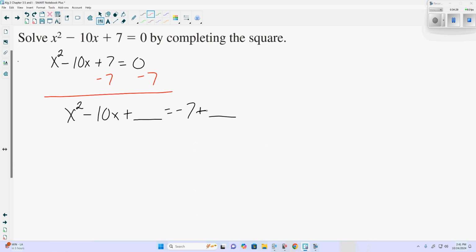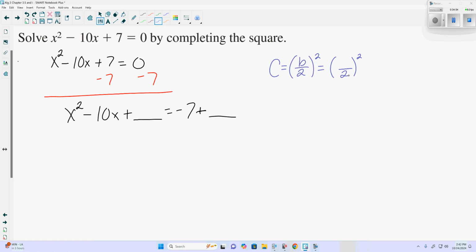Questions on steps 1 or 2? We're ready for step number 3. Step number 3 is to find the value of c and plug it in. Well, c is equal to b over 2 squared. If we look at this equation here, what is the value of b?